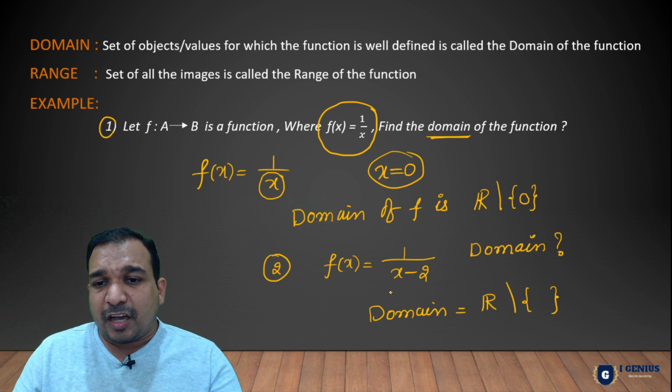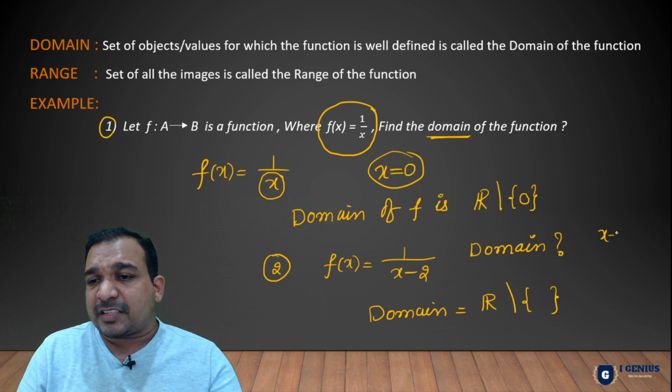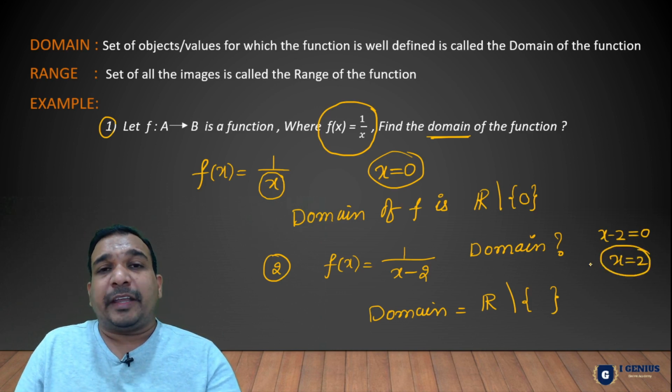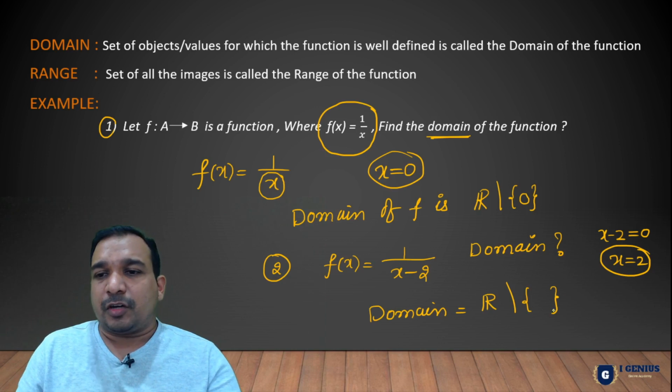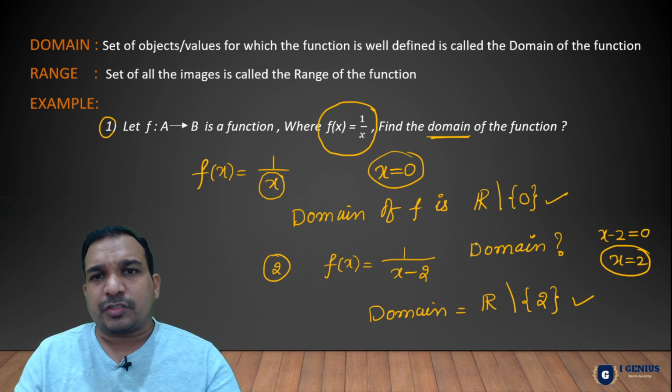The denominator here is x minus 2. So make it 0. x minus 2 becomes 0 at x equal to 2, no? So we should not take 2 in the domain. That's why from all the real numbers I am removing 2 here. So R except 2 is the domain of the function. Any doubt in this, guys? We'll do some more problems now.